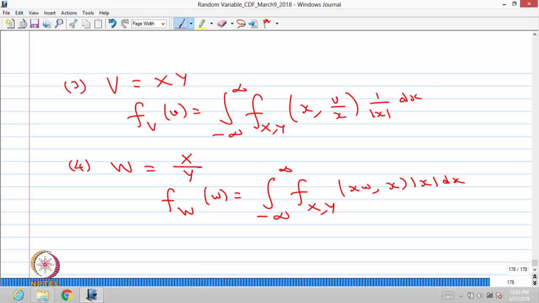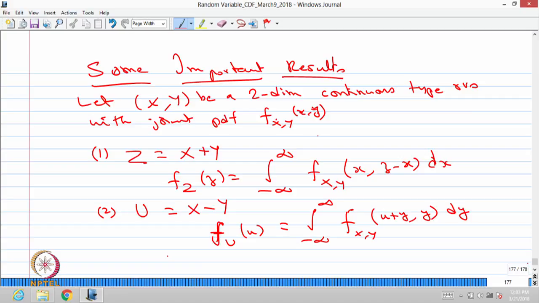You see, in all these four examples, we started with the two dimensional continuous type random variable and we defined one random variable Z or U or V or W. You can get the probability density function of Z or U or V or W by using the previous theorem which I explained.